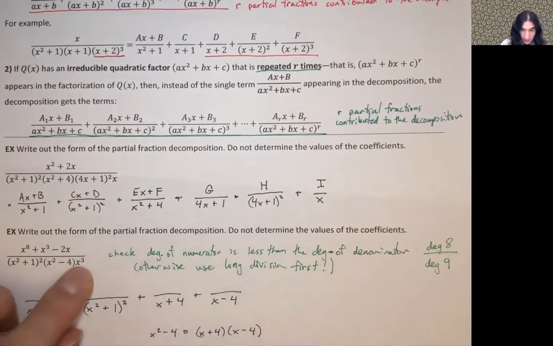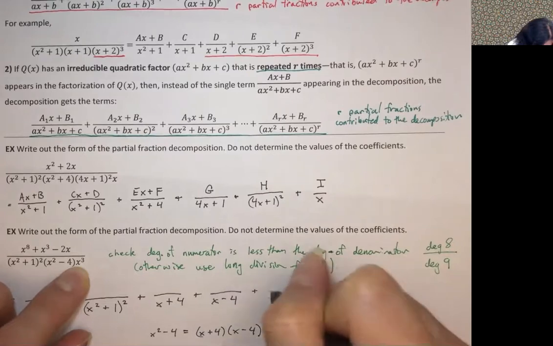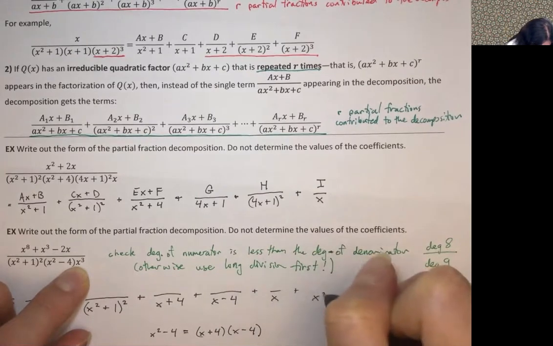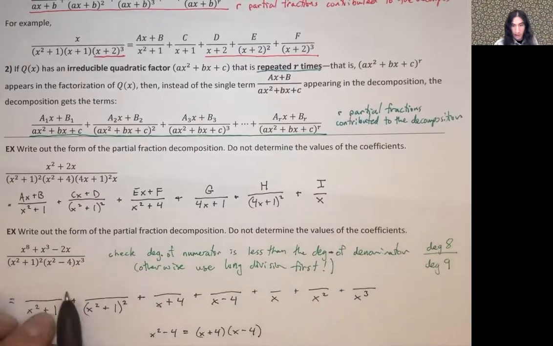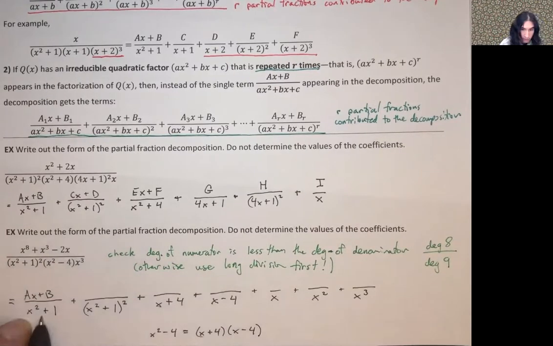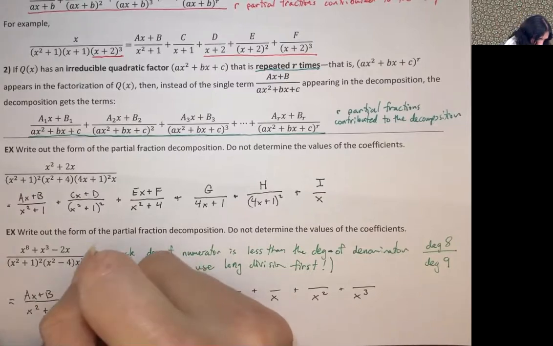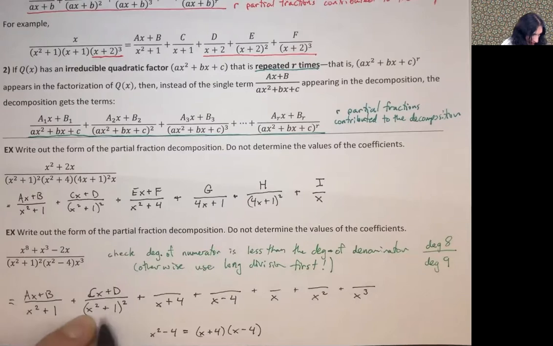And then we have this guy linear but repeated 3 times. So we need an x squared, and an x cubed. And now let's go ahead and add the numerators. So I need an unknown linear for this degree 2 denominator. I need another unknown linear, because this is a quadratic.